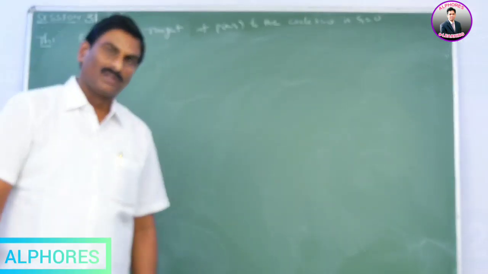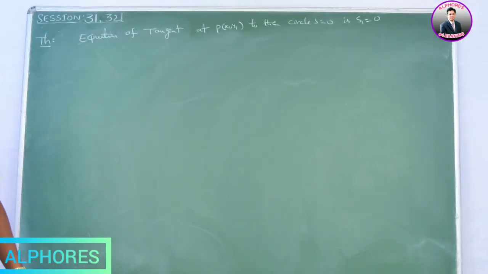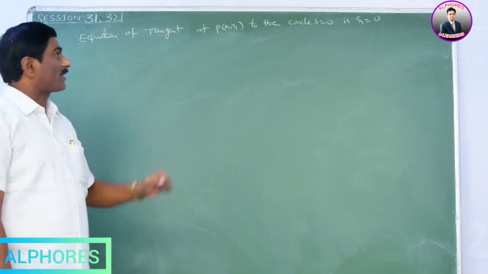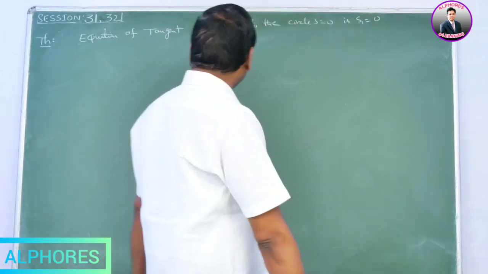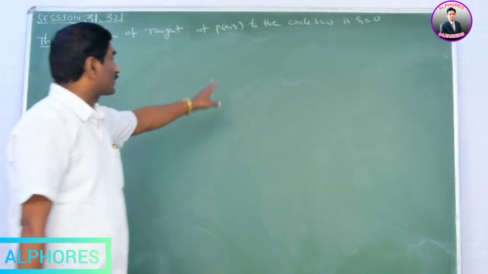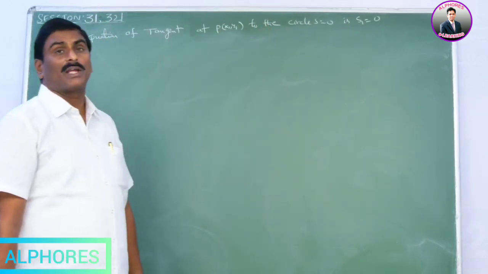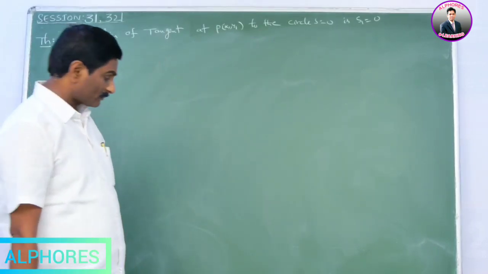Next, equation of the tangent. Please note this statement. The equation of the tangent at P(x1, y1) to the circle S equal to 0 is S1 equal to 0.